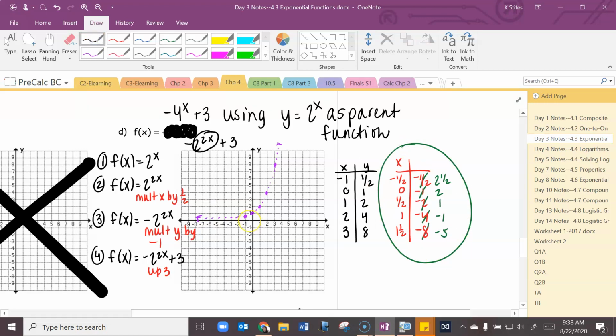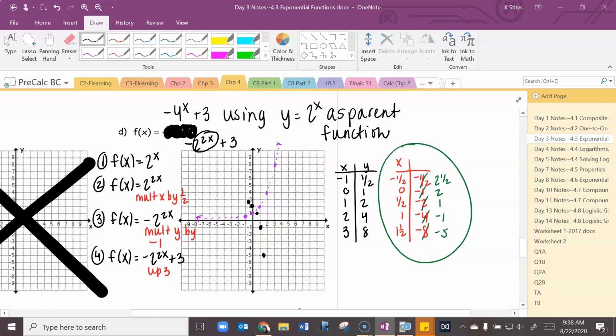So I'm at -1/2, 2.5, 0, 2, 1/2, 1, 1, -1, 1.5, -5.